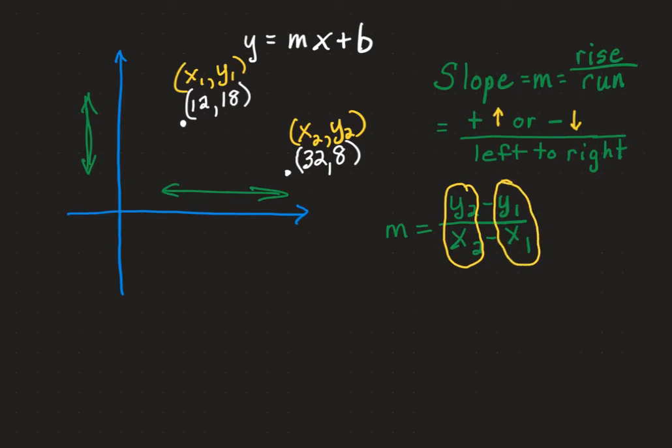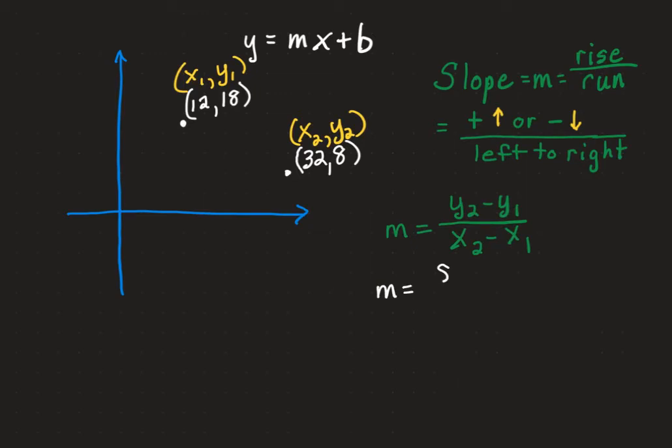Don't confuse those. For the points on the Cartesian plane, y2 has been assigned the value 8, minus y1, that's 18, over x2, which is 32, minus x1, which is 12. So that will give us -10 over 20, or -1/2.